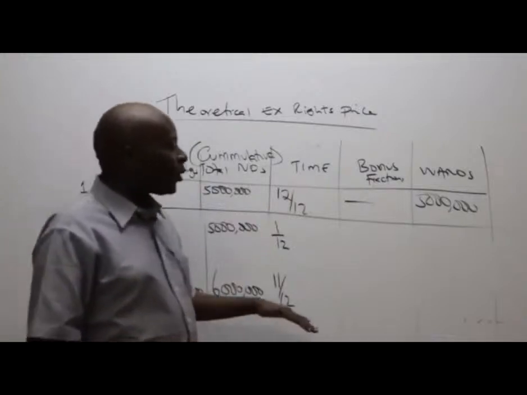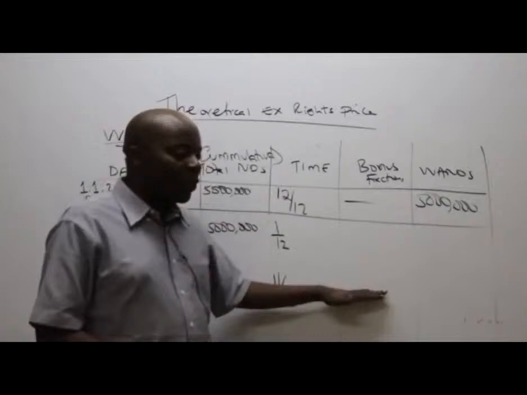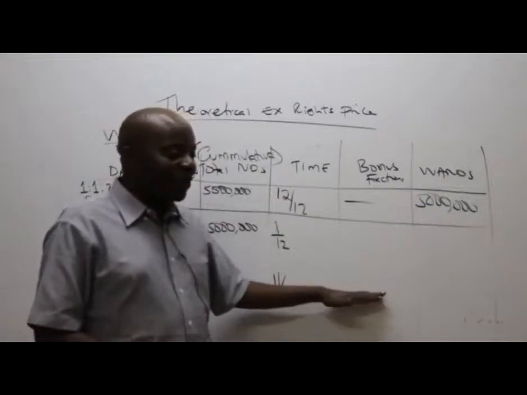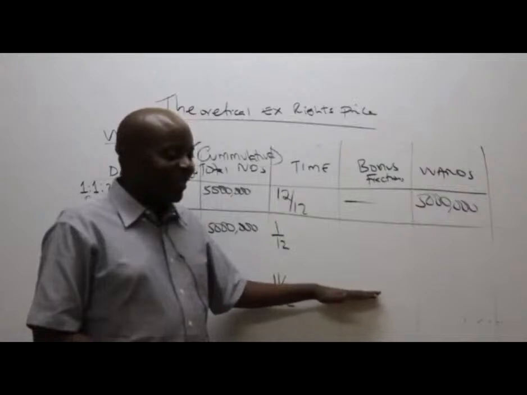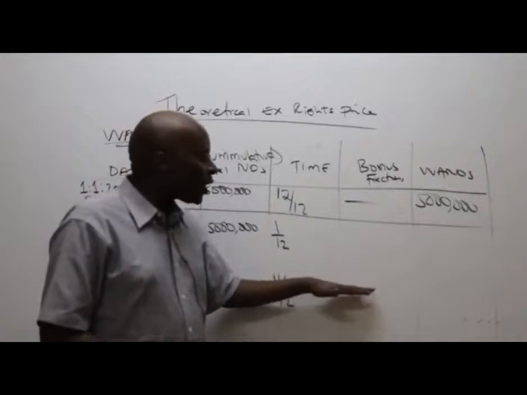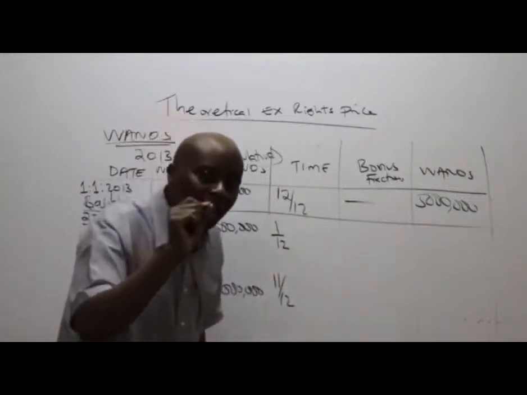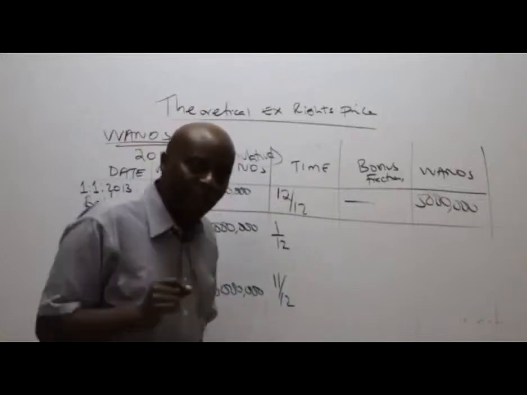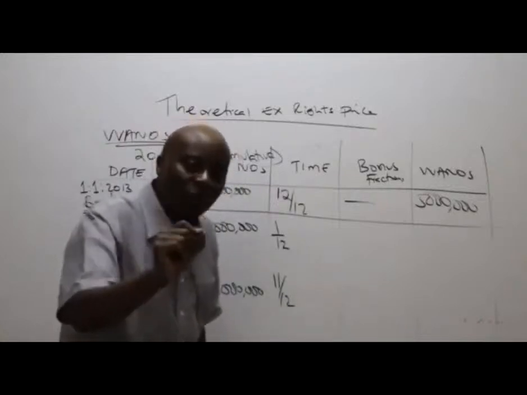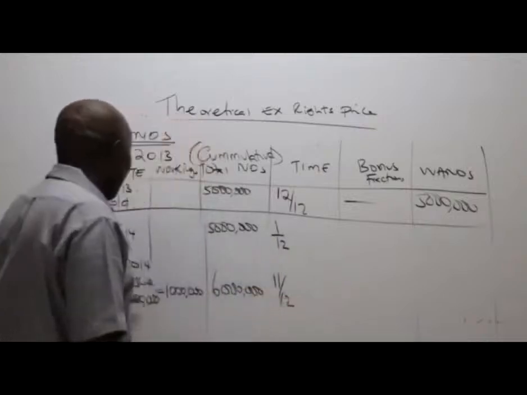So this 11 over 10 tunaweka wapi? Thank you very much. Ladies and gentlemen, this bonus fraction does not apply to the transaction that gave birth to it. This 11 over 10 was given birth by the rights issue.